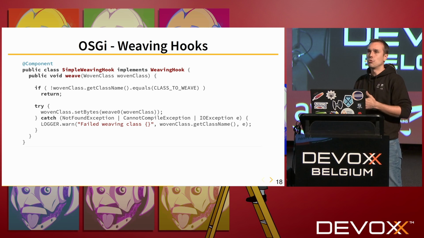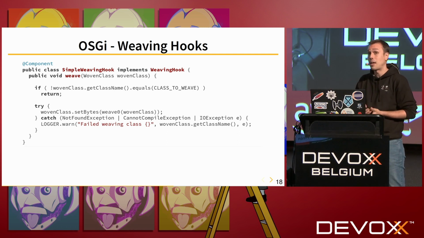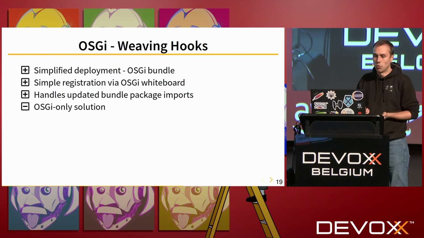So you can look into what module this class belongs to. Do I want to intercept it, for instance, based on the module and the metadata that is attached to it? So it's very similar to Java agents and a bit modularity aware. But of course, again, it's an OSGi-only solution. So if you're targeting a wider range of platforms, this won't work for you.